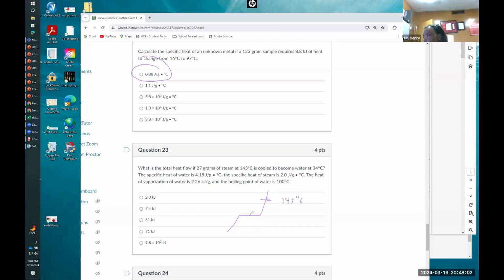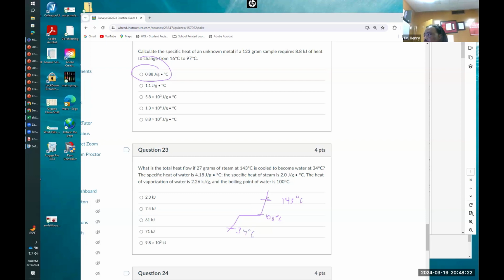We know water boils, so this is going to be our transition stage where water is boiling, at 100 degrees Celsius. And then we're going to go down to 34 degrees Celsius.